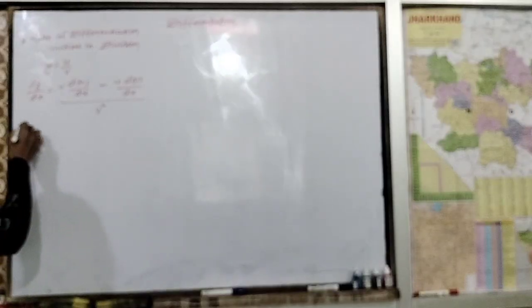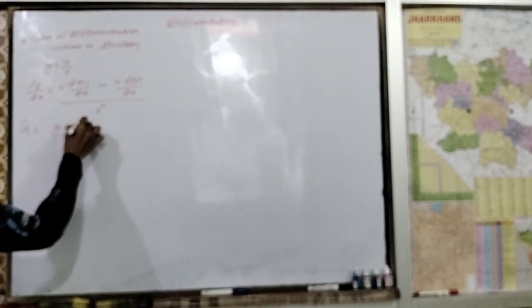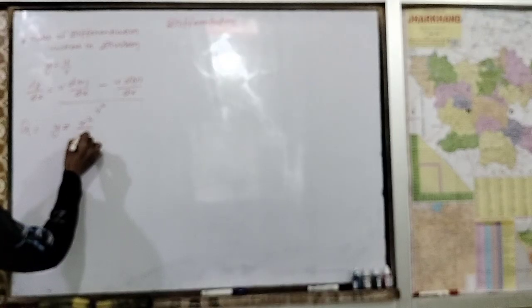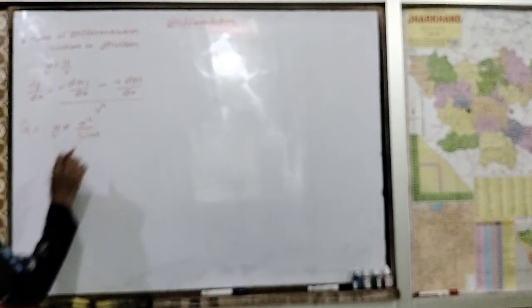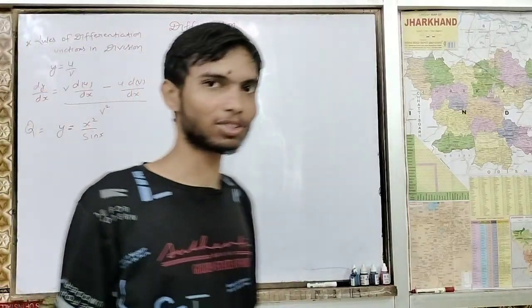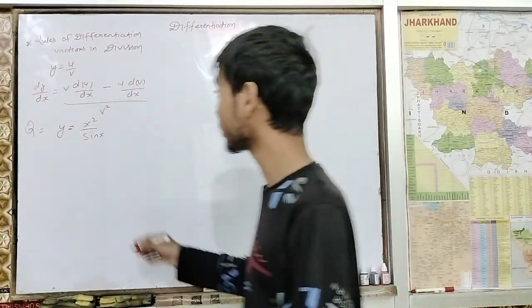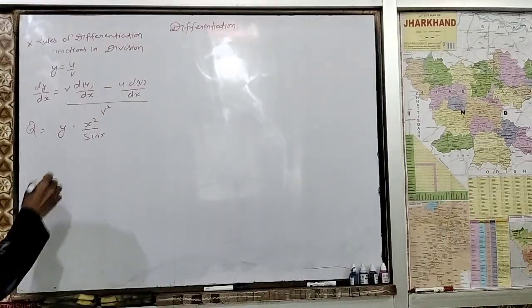For example, the question is y is equal to x raised to power 2 upon sin x. Okay, upon sin x. Just a simple question from my side. If a question is like that, here you can see this function is in division.